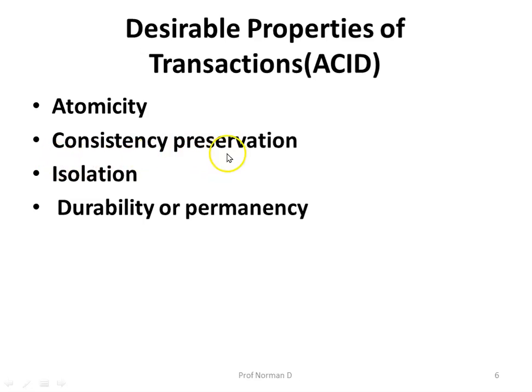Coming to consistency preservation, a transaction should be consistency preserving, meaning that if it is completely executed from beginning to end without interference from other transactions, it should take the database from one consistent state to another consistent state. Then your database is said to be consistency preserving. Next, about isolation.